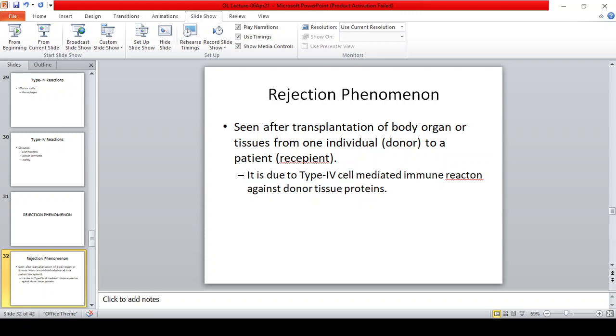Whenever there is an attempt to transplant a body organ like liver or kidney, the recipient body rejects that organ or tissue donated from some other individual, and this is known as the rejection phenomena, due to type 4 cell-mediated immune reaction.